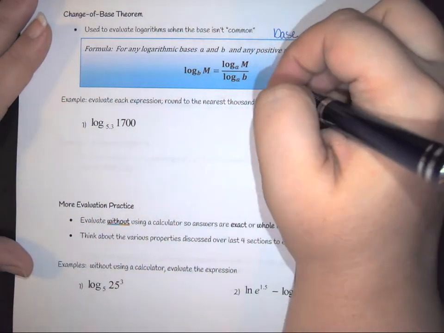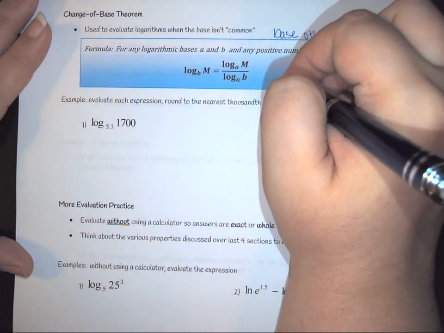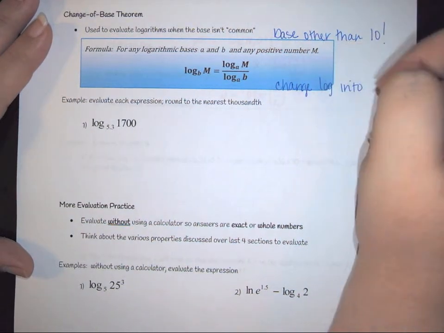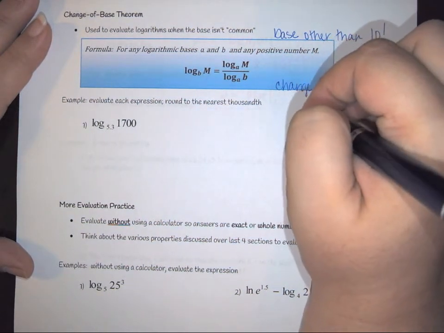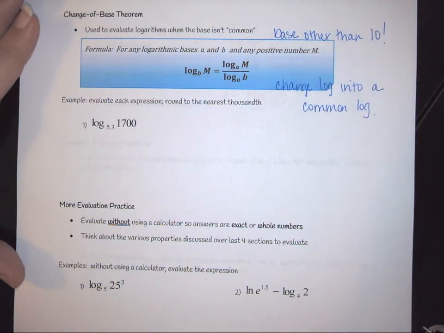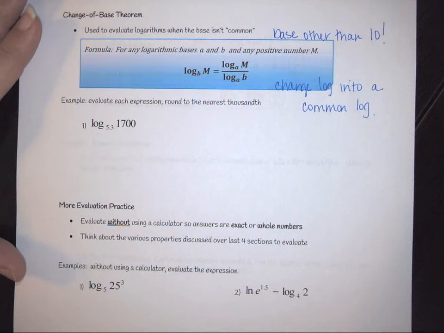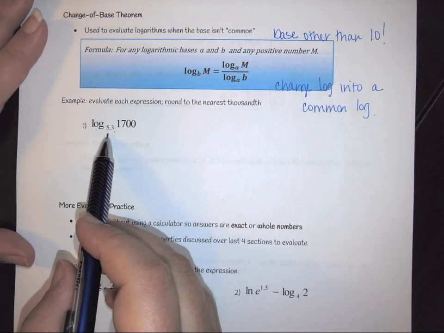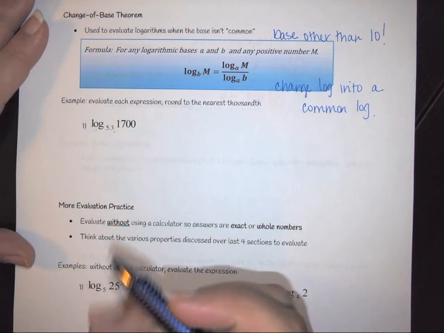So that's your goal. We are changing the log into a common log. That means we can use our calculator in order to find the answer. So here I have the log base 5.3 of 1700.